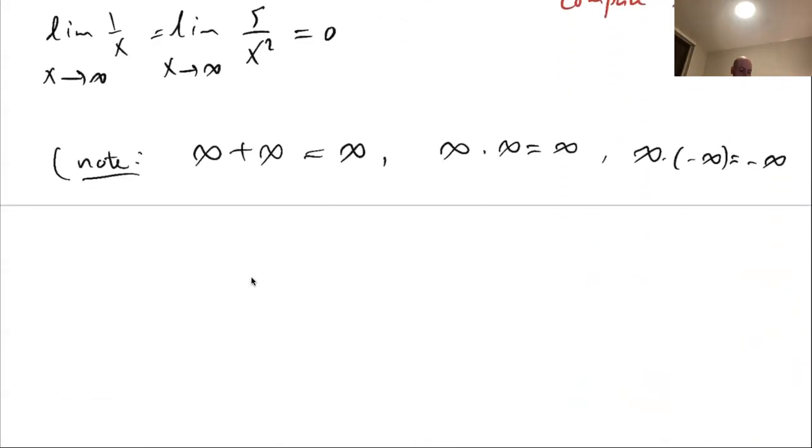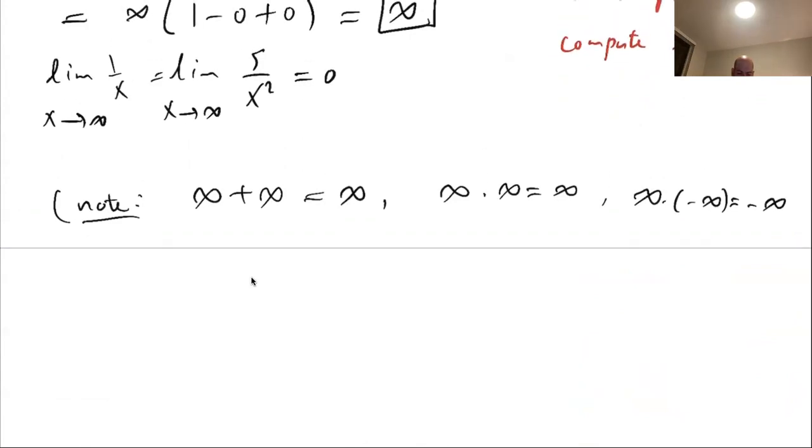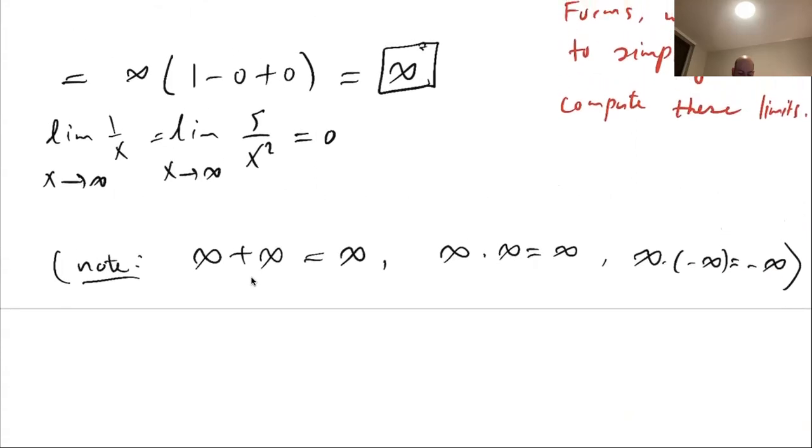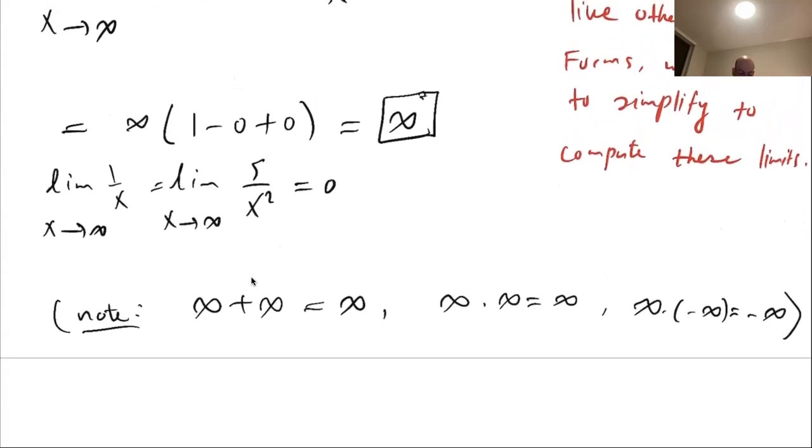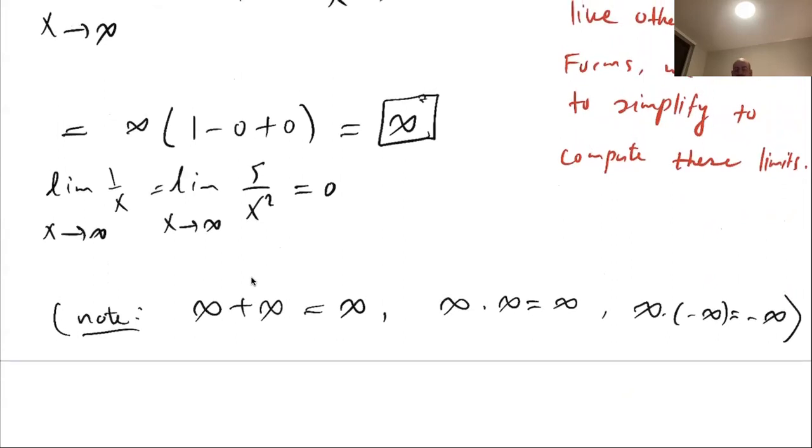But when you say infinity plus infinity, a very large number plus a very large number, the answer will always be very large. So please have these rules in mind. Infinity times infinity means a very large number multiplied by another very large number. The answer will, of course, be very large, and so on.